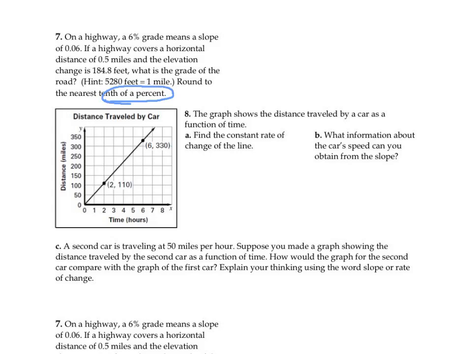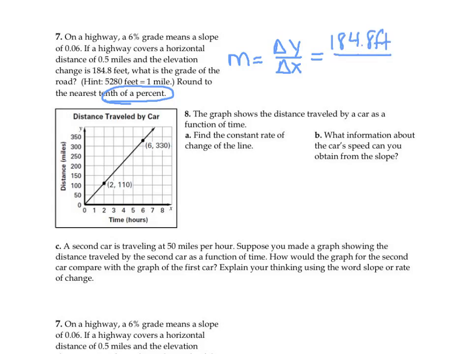So I know if I'm finding the grade of the road, I'm finding the slope. And we know that the slope is the change in y over the change in x, or the rise over the run. So the road, the elevation being the up and down part, is changing 184.8 feet.